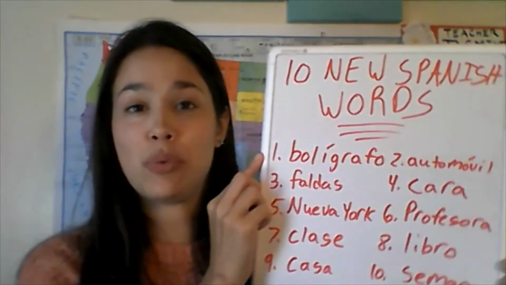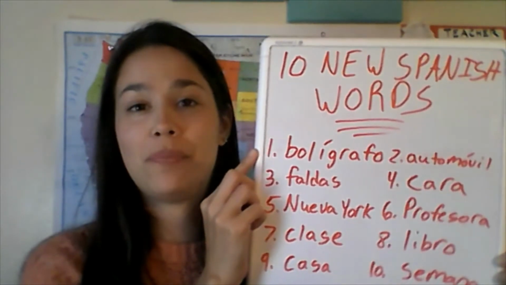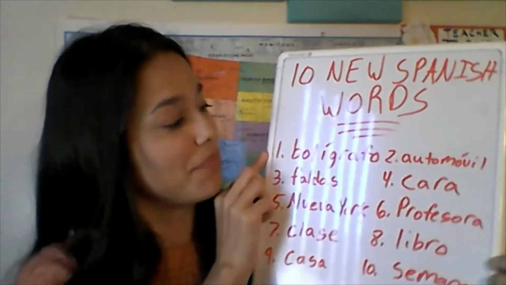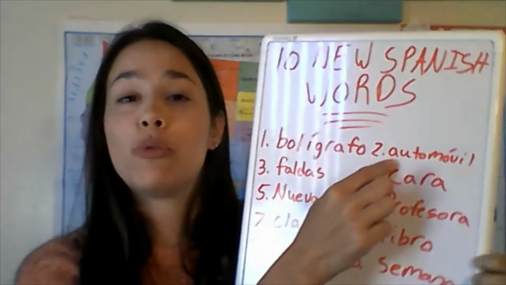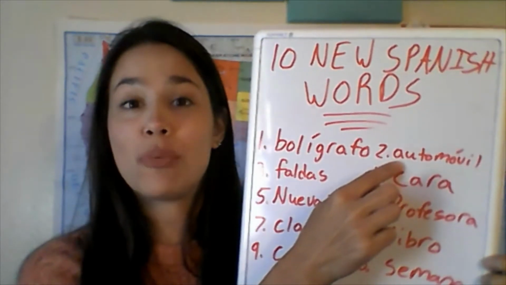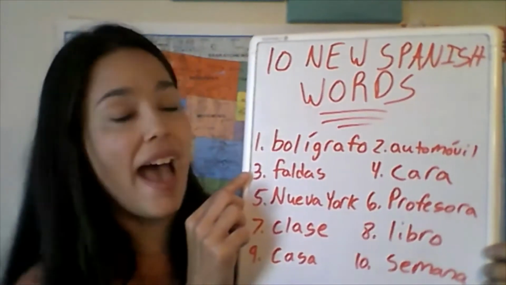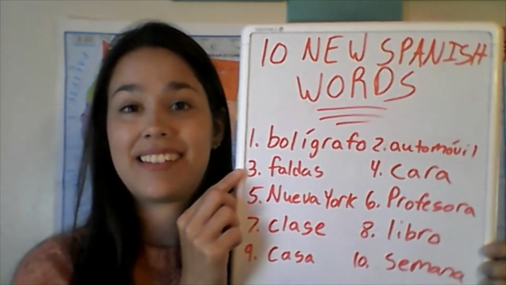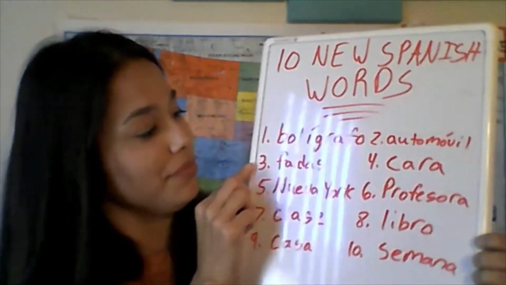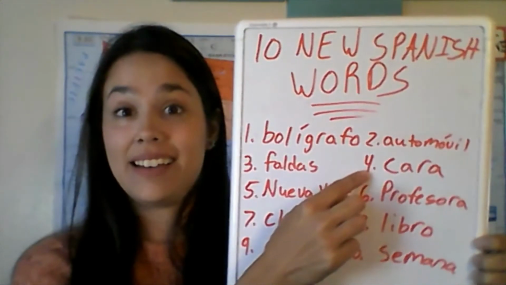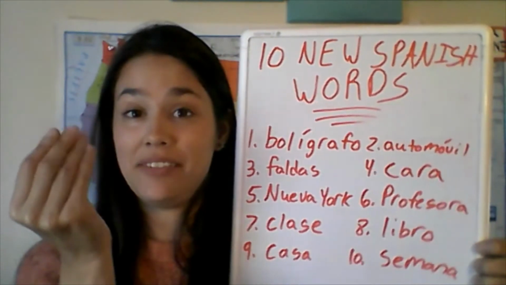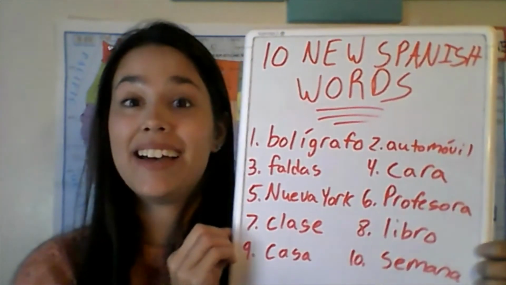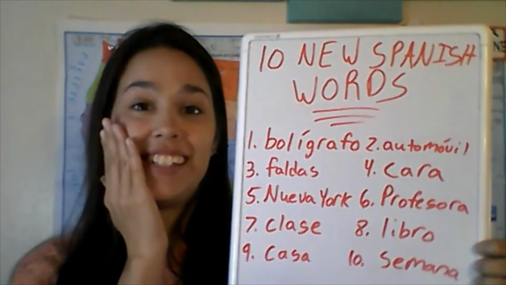We have our first word, polígrafo, pen. Automóvil, automobile. Faldas, skirt. Cara, expensive. Now, cara also means face.